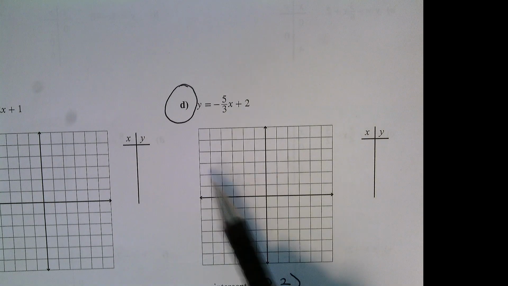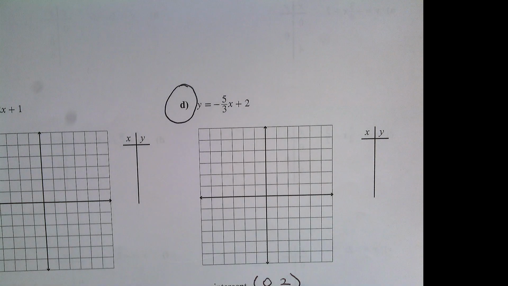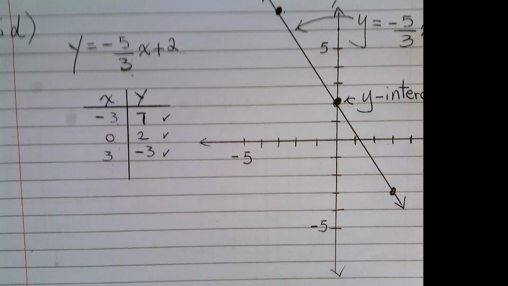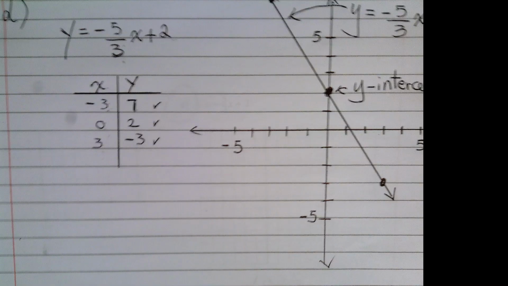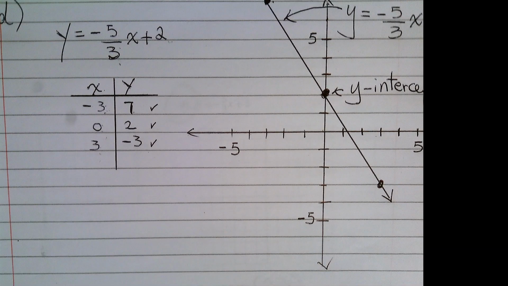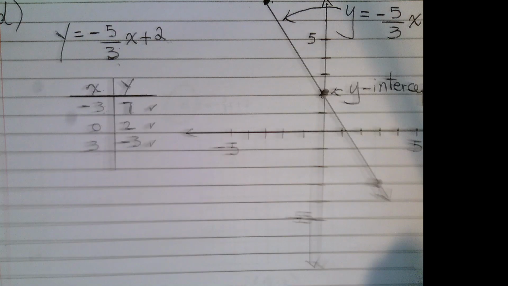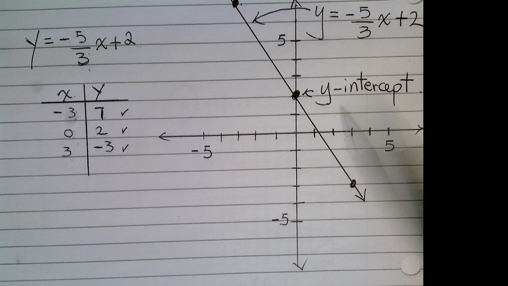So I've just finished showing you 6D on lined paper. Okay, on lined paper. You can answer the question about the y-intercept like this.